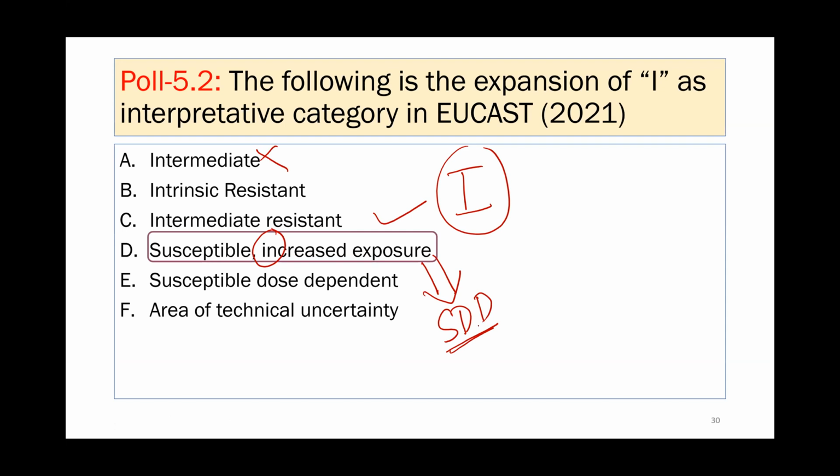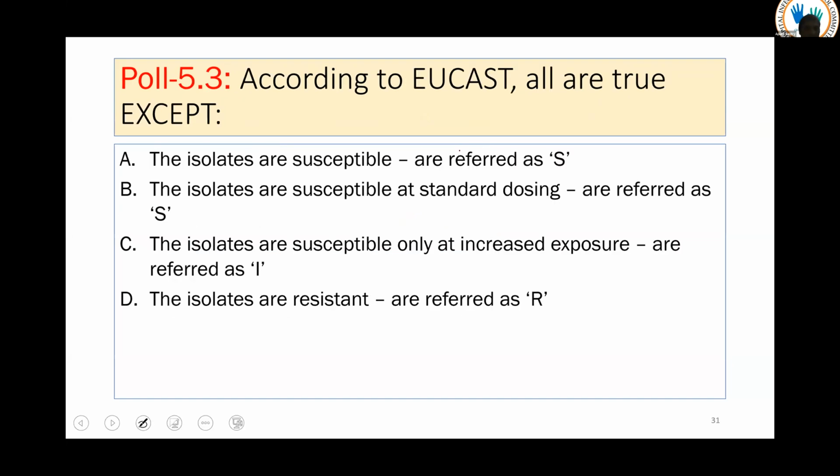So the CLSI SDD equivalent category is I in EUCAST. Okay, so according to EUCAST, all are true except: susceptible in EUCAST means what?